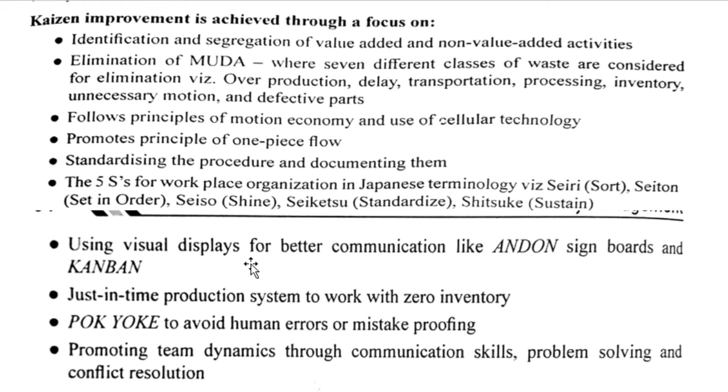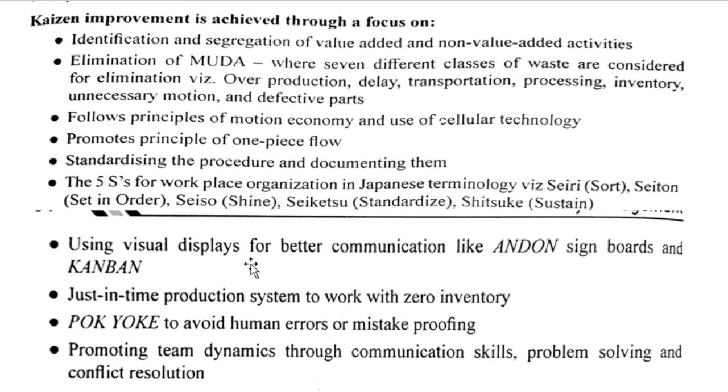Elimination of MUDA means that seven different causes of waste are considered for elimination: overproduction, transportation, delay, inventory, processing, motion, that is the unnecessary motion of material, or defective parts. The third one follows the principle of motion economy and use of cellular technology.